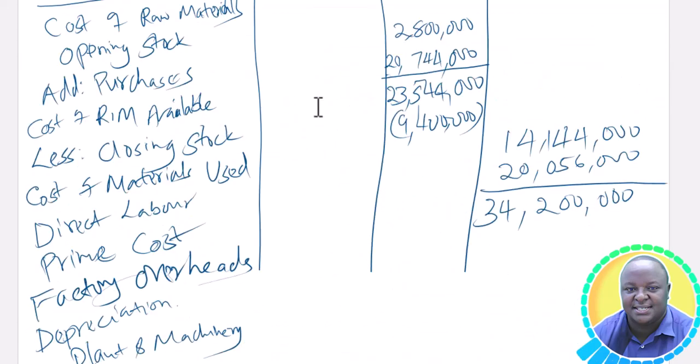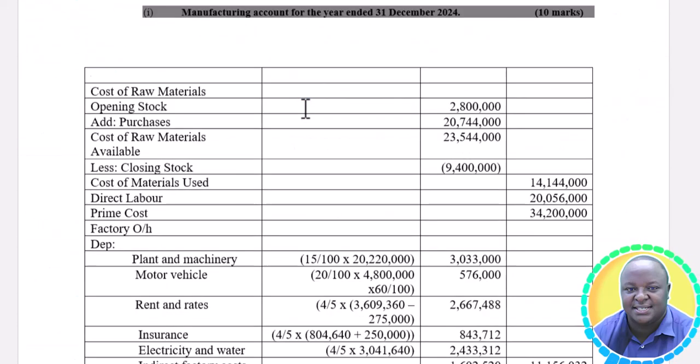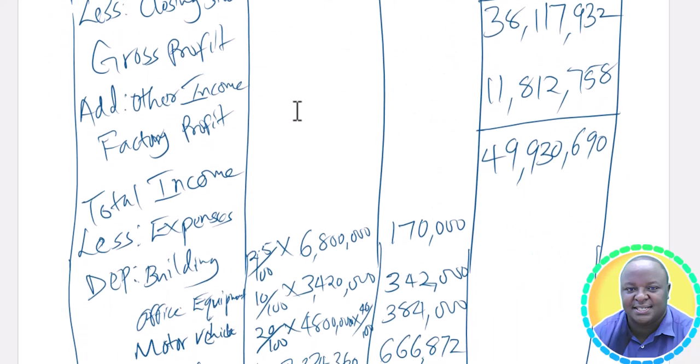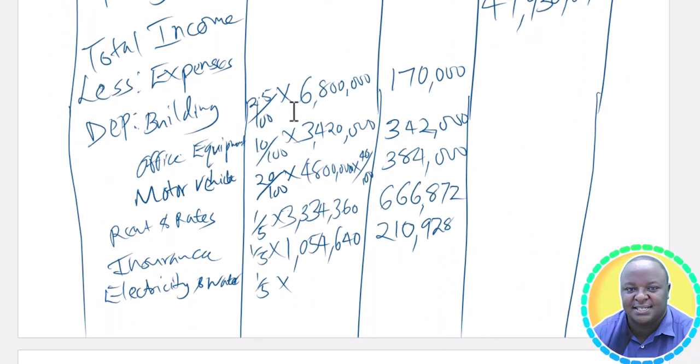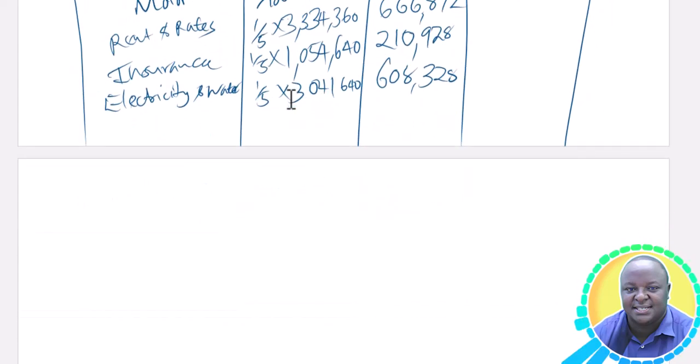So the portion given there is 1/5. Times 1/5, we are going to get 608,328. Right, so those are part of the calculations that we have.